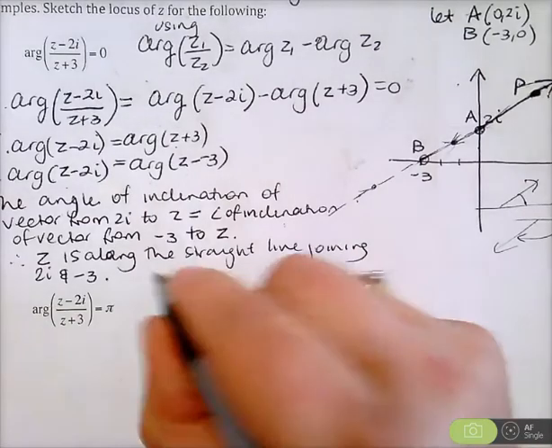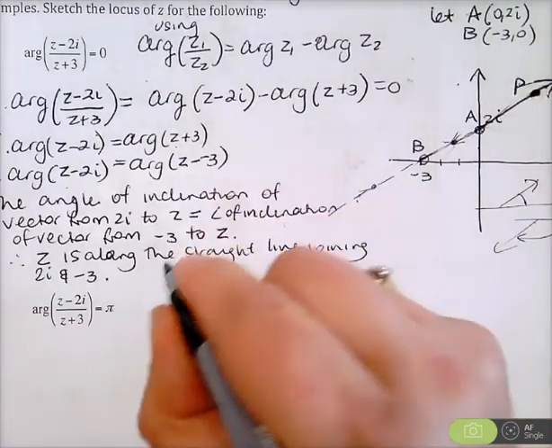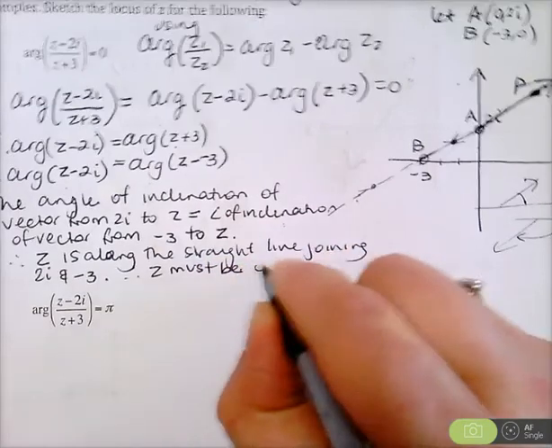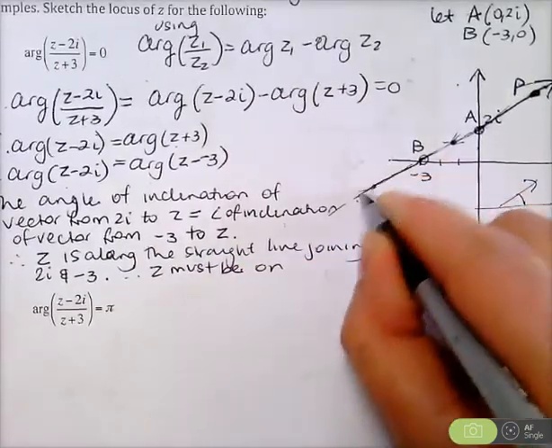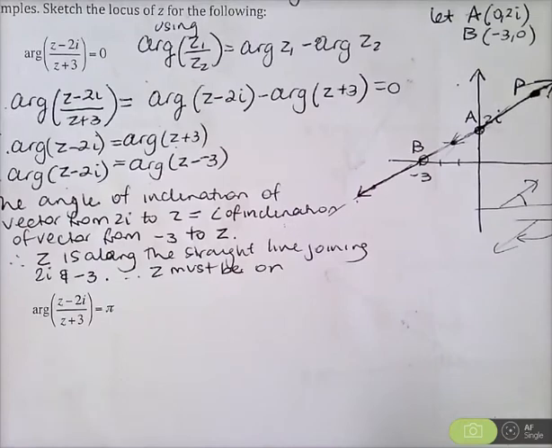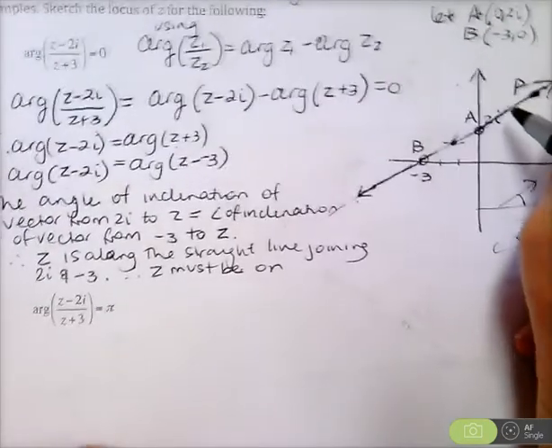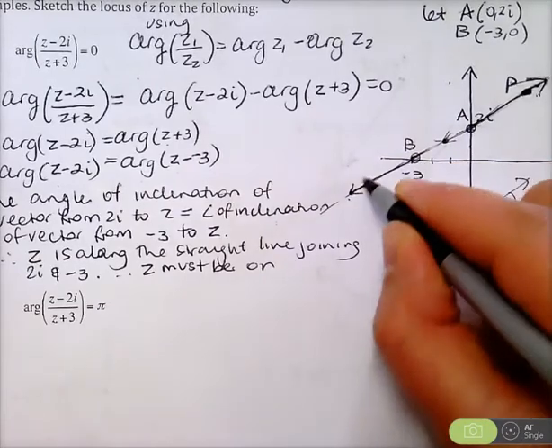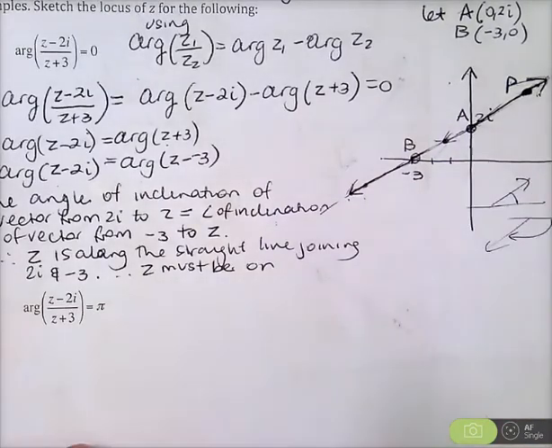So therefore, Z must be on, you can also put the arrow down here as well, but only put P on one side. So this is what I want: a solid line with an arrow going up there and a solid line with an arrow going down there, but just put P on one of the sides, because P is either going to be on one side or the other.